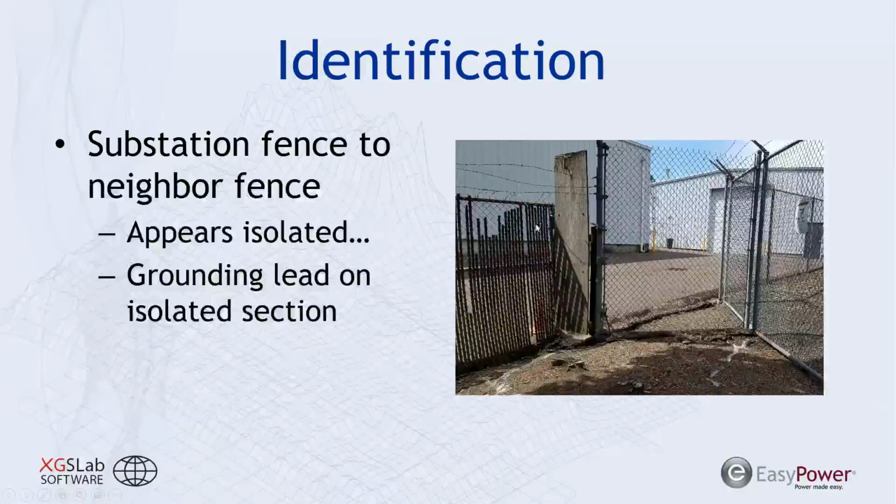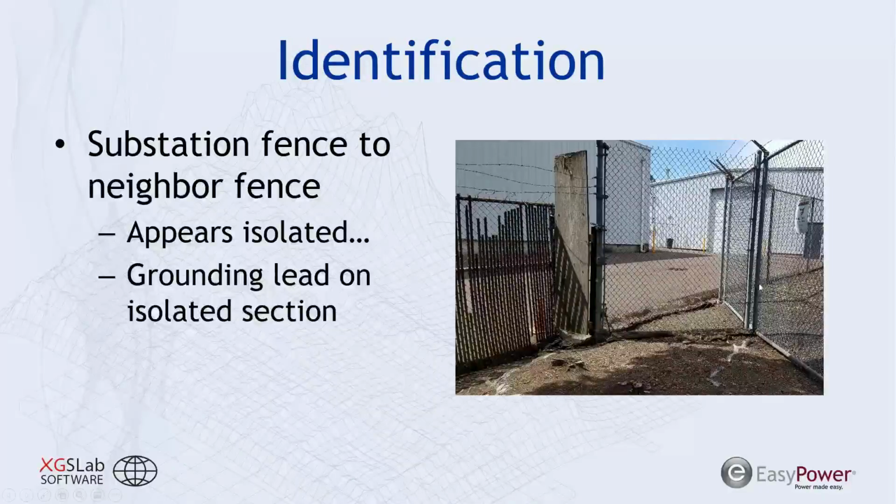And this is owned by the adjacent facility or the adjacent landowners. And you can see here that it appears that somebody has taken some steps in order to avoid a direct metallic conduction of a transferred voltage.